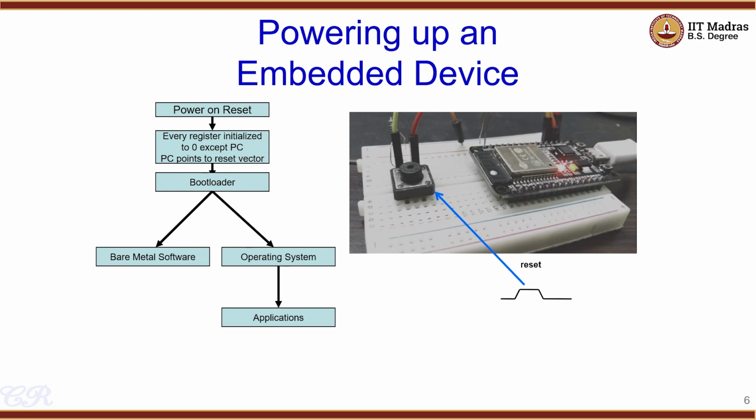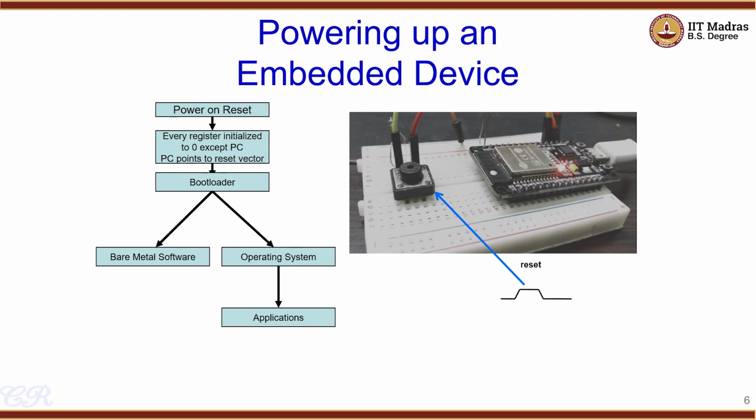So here, for instance, is your embedded device, and here is a reset switch. When you press this push button switch, it creates a signal of this particular form, and this signal is then connected to your microprocessor, to your CPU, and very specifically to the reset pin of the CPU.